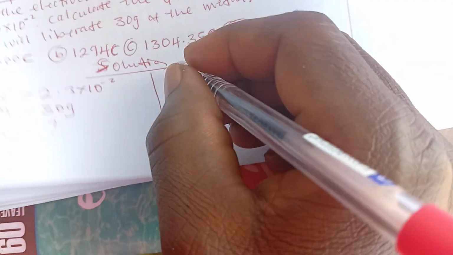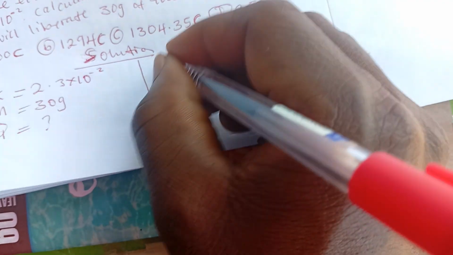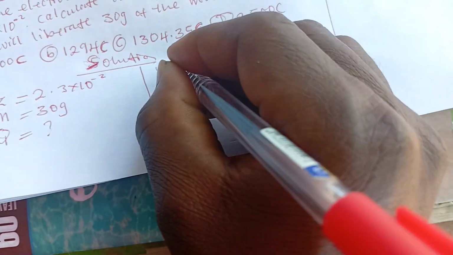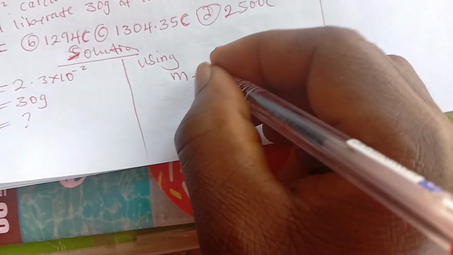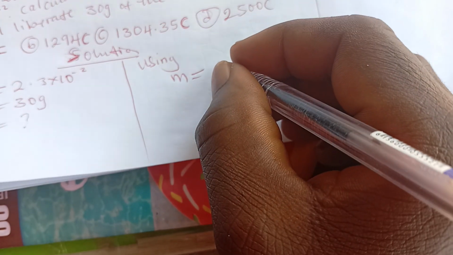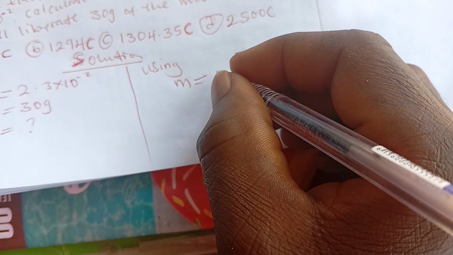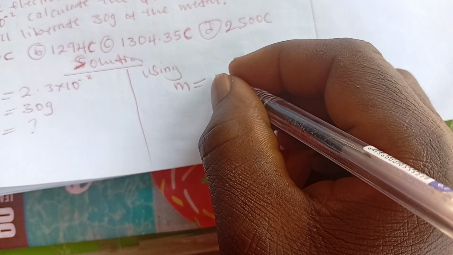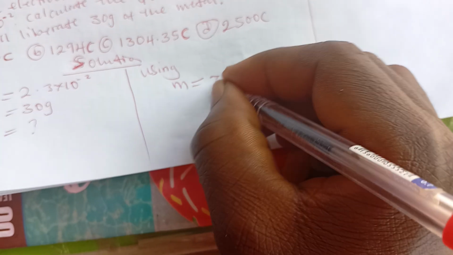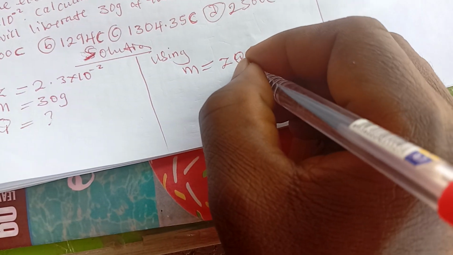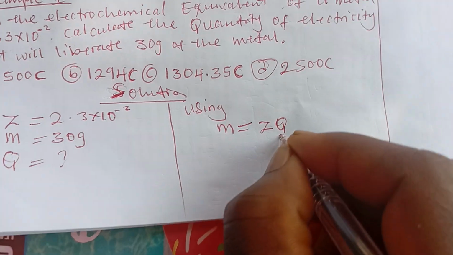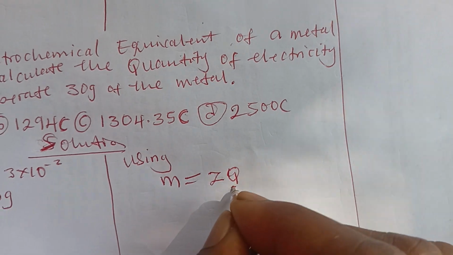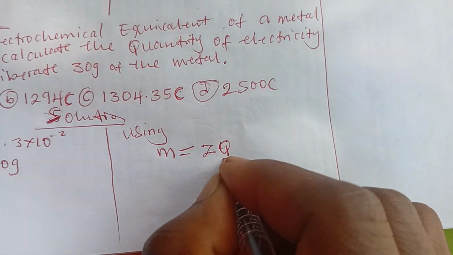We'll use m equals ZQ, and we make the quantity of electricity the subject of the formula.